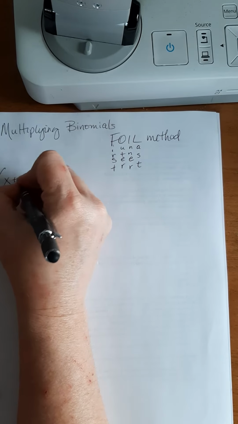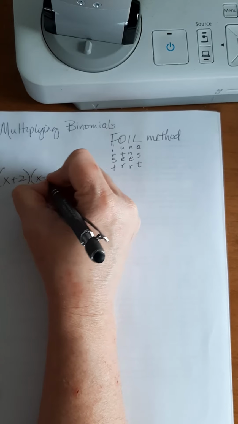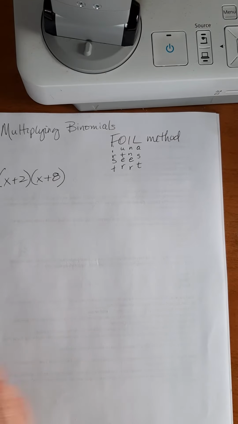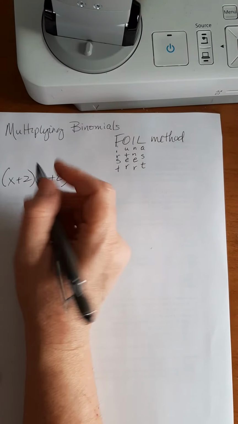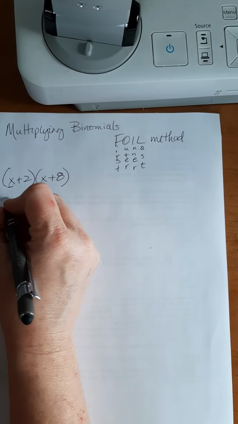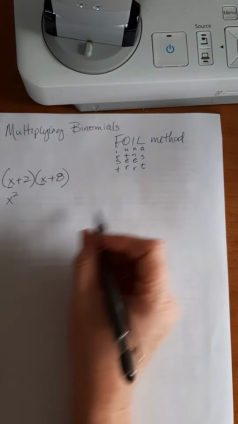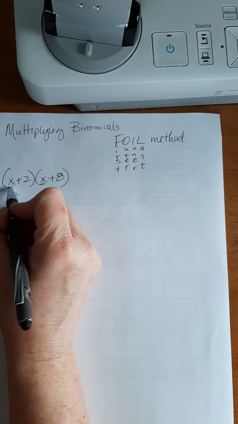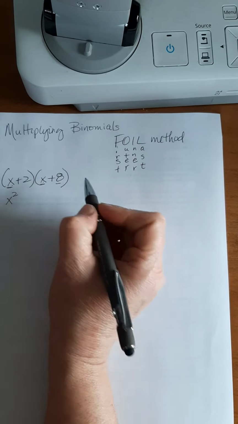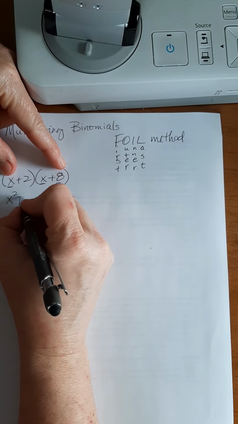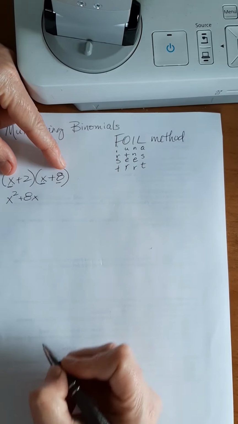So let's say I had x plus 2 and x plus 8. The first term of each parentheses are x's. So x times x, x squared. Well, then it says the outer term. So we're going to do the outer terms. You got this one and that one. So the outer terms, x and 8, plus 8x.